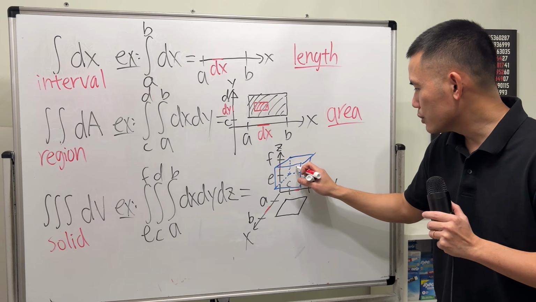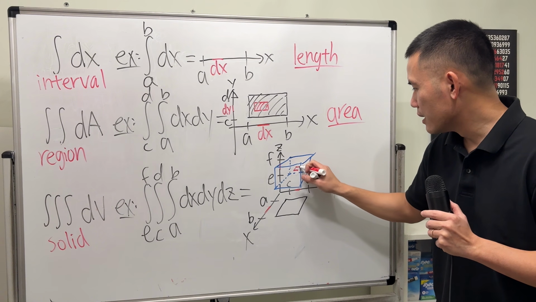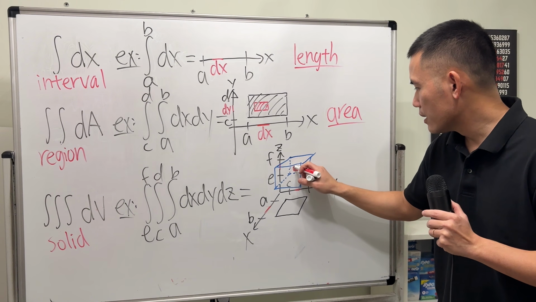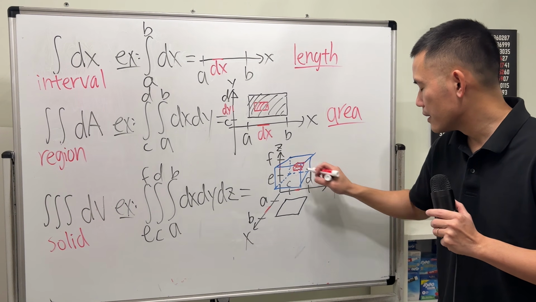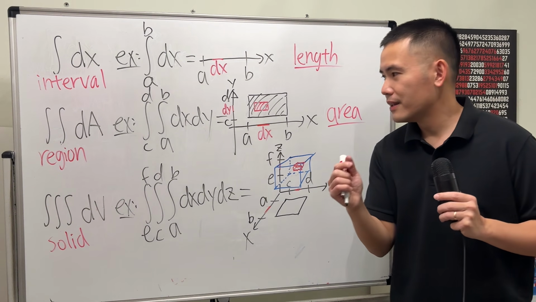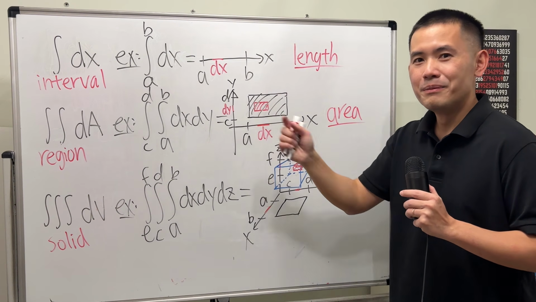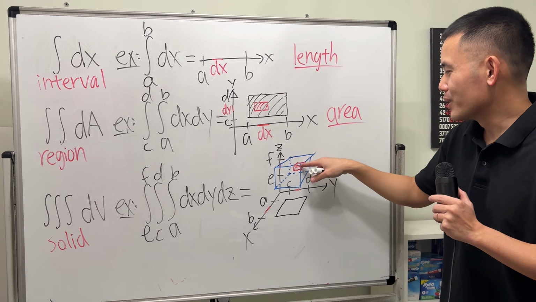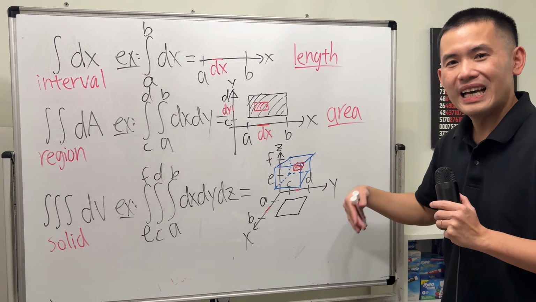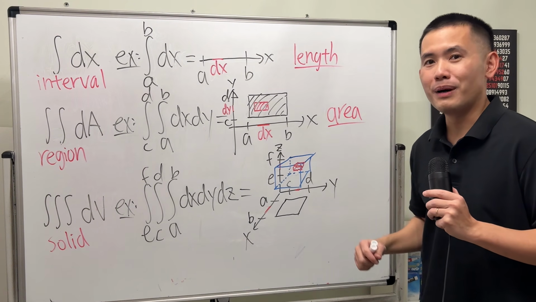When you multiply all three together, you're just going to get a small rectangular box like this. And that's like the extension of that. But anyways, what we're doing is we're triple integrating like this, right? We're just integrating all these little volumes, and at the end, you're going to get the volume of this blue box.